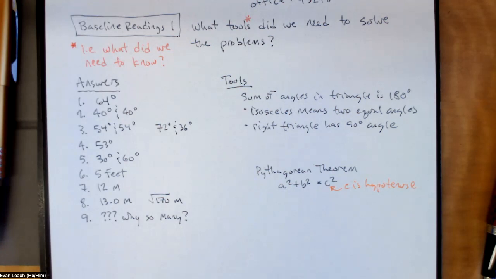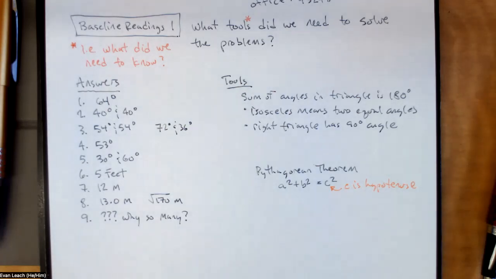Here are the tools that we needed to get through these problems. The main things that we needed to know are the sum of the angles of the triangle is 180 degrees, and we needed to know the Pythagorean theorem. We also needed to know some stuff about isosceles triangles. That helped us use the primary tool, the sum of the angles of a triangle is 180 degrees. And we had to know the meaning of a right triangle. That means one of the angles is 90 degrees.